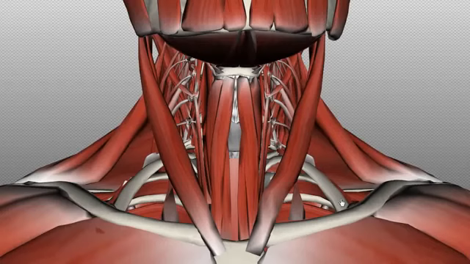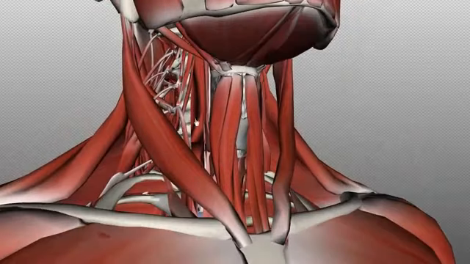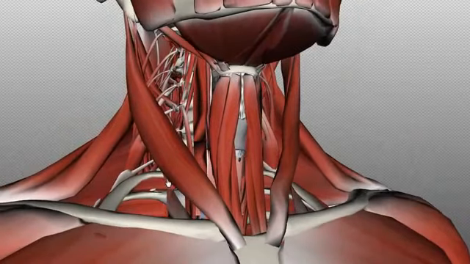Just quickly to recap, you've got four infrahyoid muscles. You've got the sternohyoid, and you've got the omohyoid, which is superficial. The omohyoid is lateral to the sternohyoid, and it runs from this scapula through the posterior triangle and inserts onto the hyoid bone, and has an intermediate tendon which inserts onto the medial end of the clavicle.